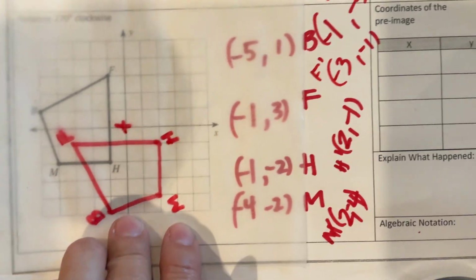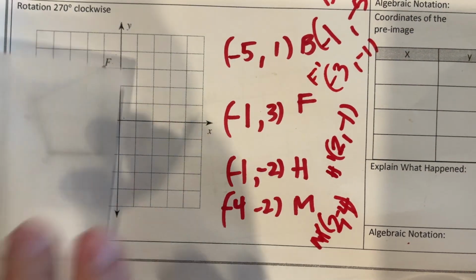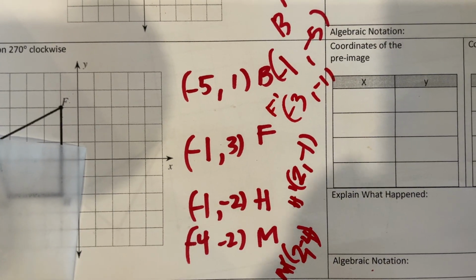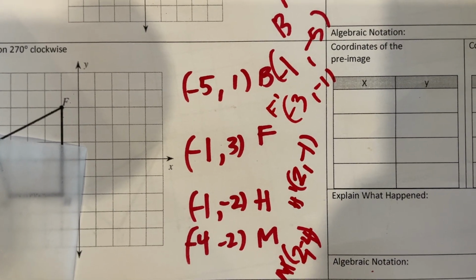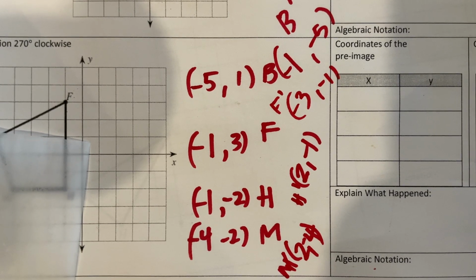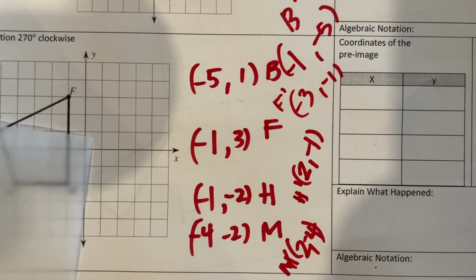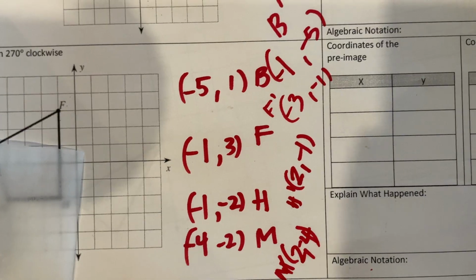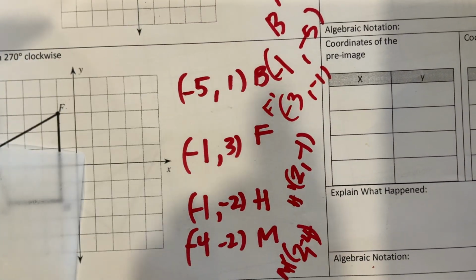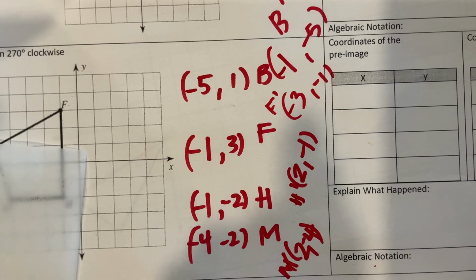And so what you wind up noticing is, look at what changed. For B, your pre-image was -1, and then now it's -1, so it's switched. For the F, it was -1, now it's -3, -1.